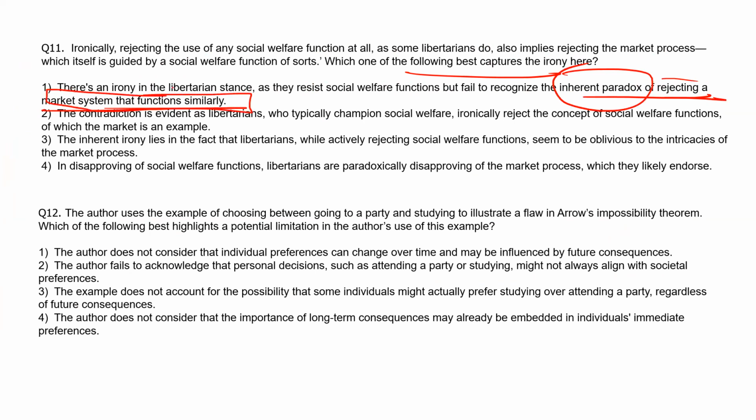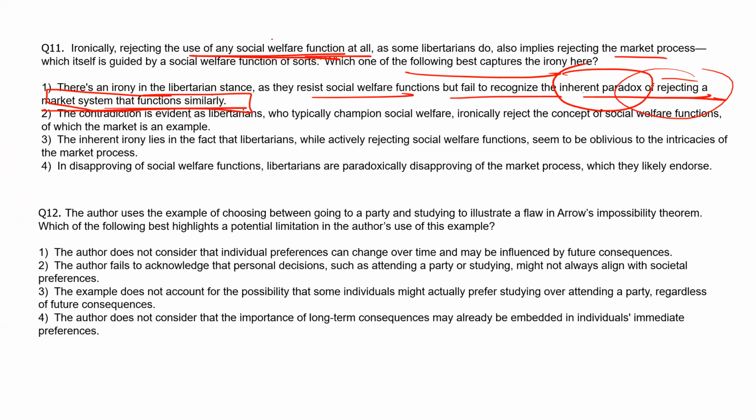This is completely distorted. This may look correct to some of you, but it is totally distorted. Fail to recognize the paradox of rejecting a market system. First of all, this is a problem. Paradox of rejecting, and second, that functions similarly. Similar to what? It doesn't function. See, here the point is that you are rejecting the use of social welfare function, but that itself is based upon market process, right?